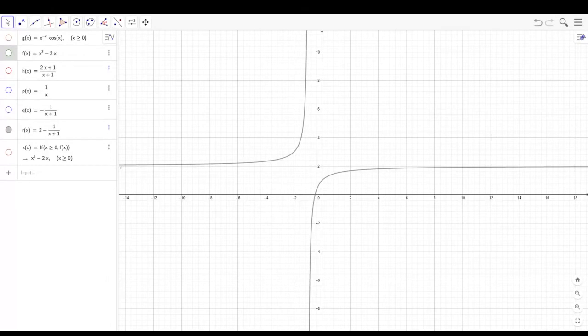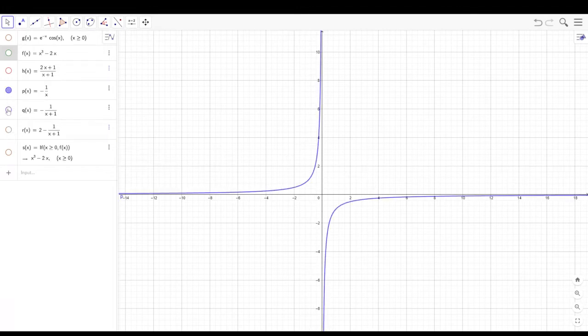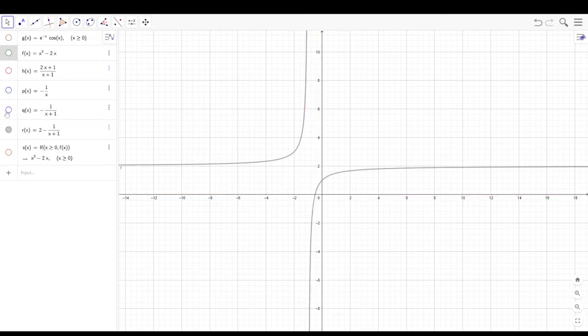The thing I like about this is that it's super simple and you don't have to differentiate anything. You just start with the simplest form, shift it, that's it. Okay, and you can clearly see the asymptotes from here.